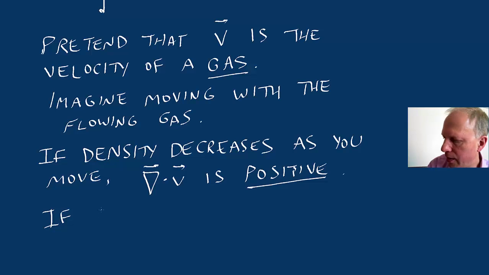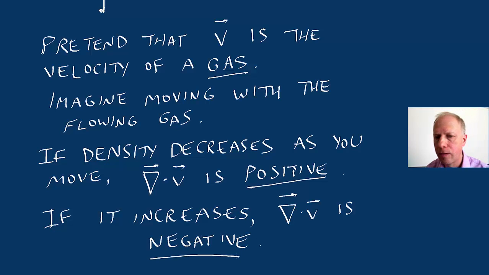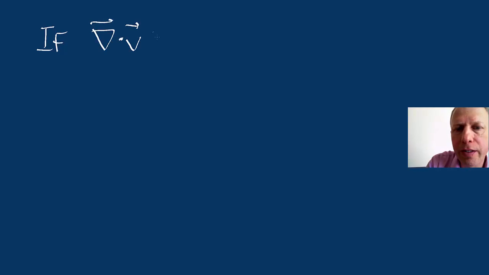If the density increases as you move with the flowing gas, the divergence of V is negative. If the density doesn't vary as you move with the flowing gas, then the divergence of V is equal to 0.